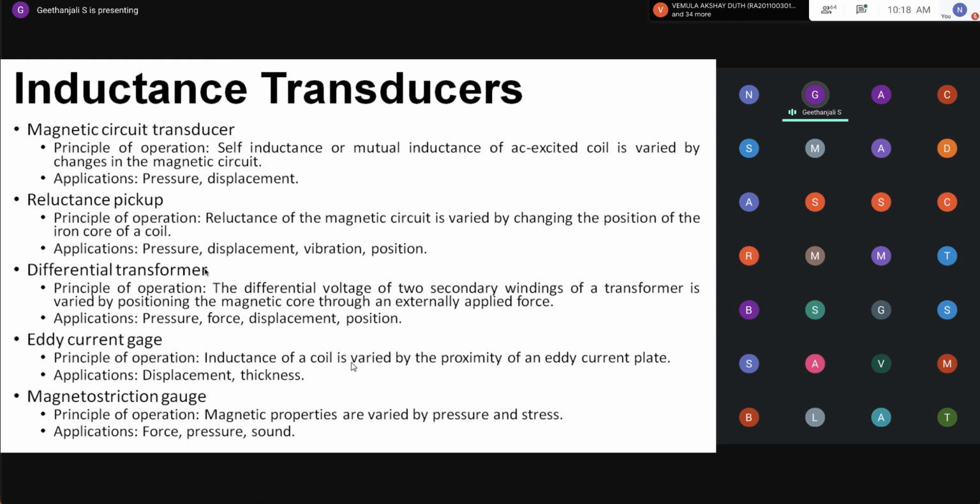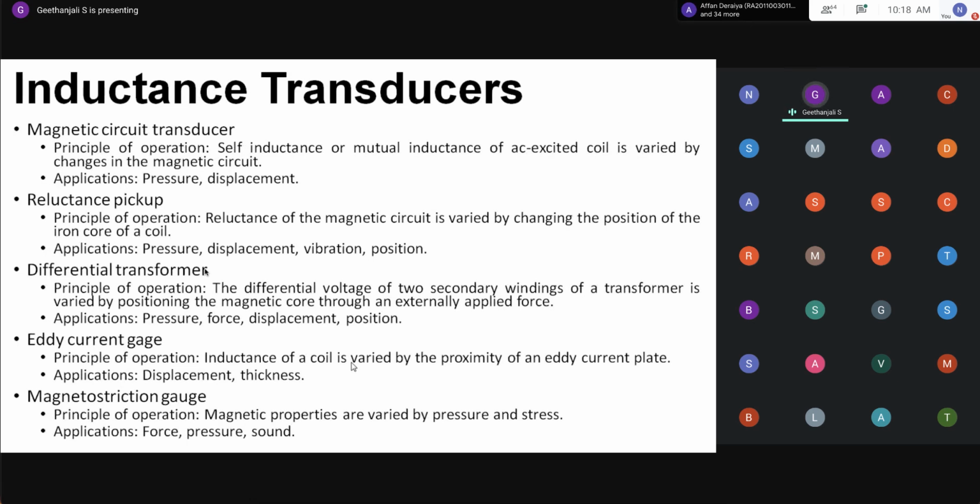The third one is the differential transformer. The principle of operation is that the differential voltage of two secondary windings of a transformer is varied by positioning the magnetic core through an externally applied force. It is used to measure pressure, force, displacement, and position.